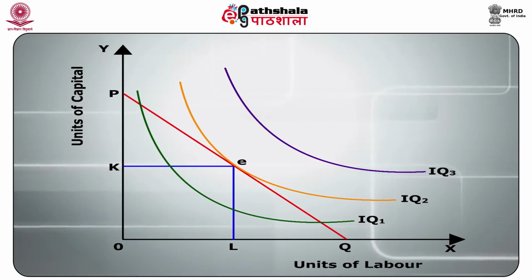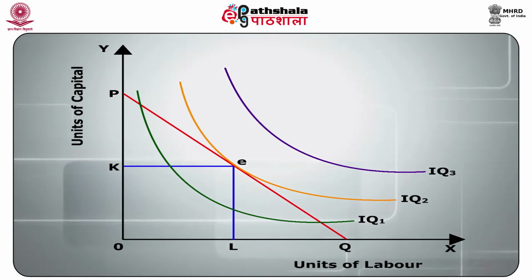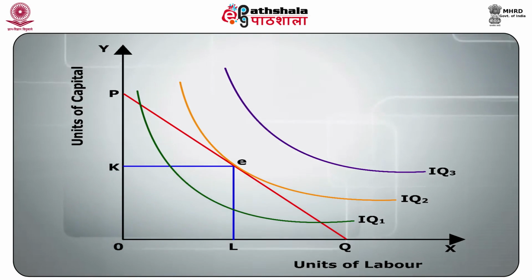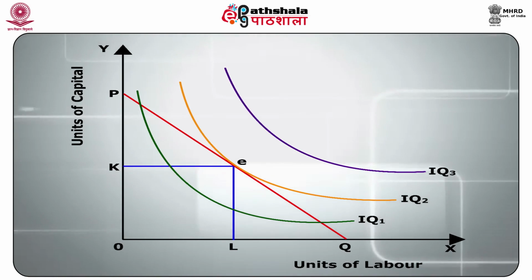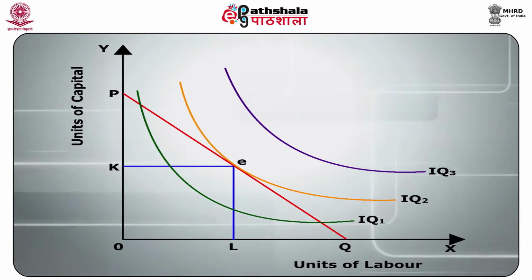of production. Any point on higher isoquant IQ3 are desirable but not attainable subject to the cost constraint. Any point on lower isoquant give lesser output. Thus, point E is the equilibrium point. At the point of tangency, slope of isoquant and slope of isocost line is equal.